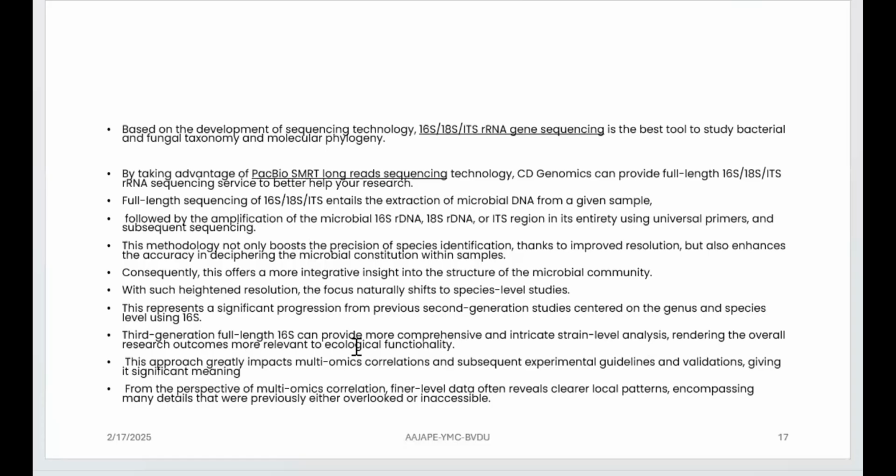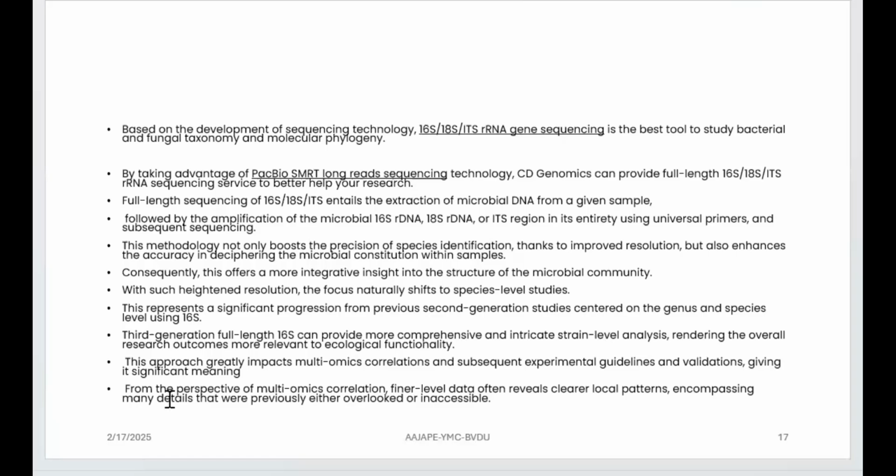What does it mean? Third generation is Sanger's generation, Maxam Gilbert generation, and then you have next generations coming up for sequencing methods, right? Advancement. So among these, the third generation methods would give a comprehensive and intricate strain level analysis. So it is species, genus, species, and strain, right? So that is a very important statement.